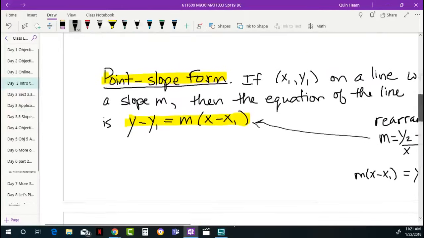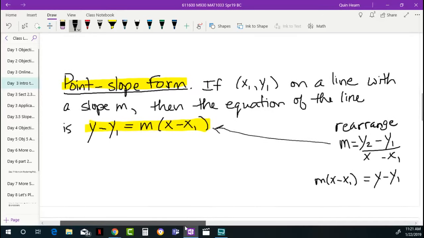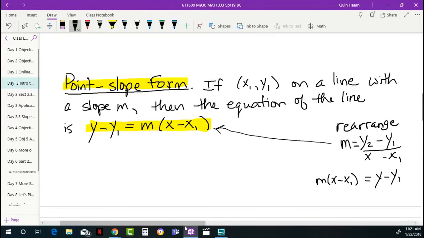All right. There is another equation form that we are supposed to learn in this class, which is called the point slope form. It's a form that you can use when you have a slope and instead of a y-intercept, just a random point. So the equation looks like y minus y1 equals m times x minus x1.